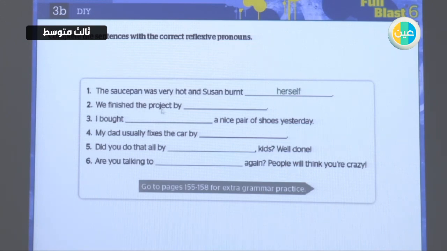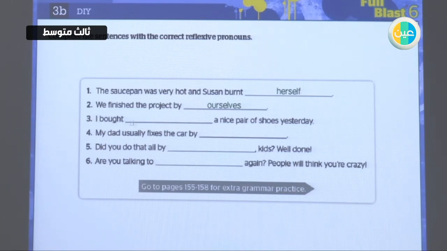We finished the project by we. So what is the correct reflexive pronoun? Ourselves. I bought a nice pair of shoes yesterday.